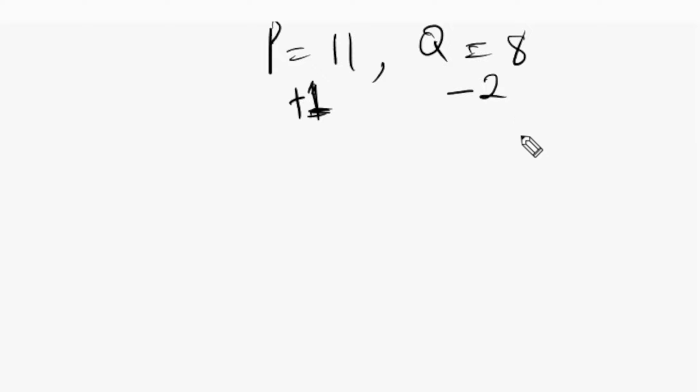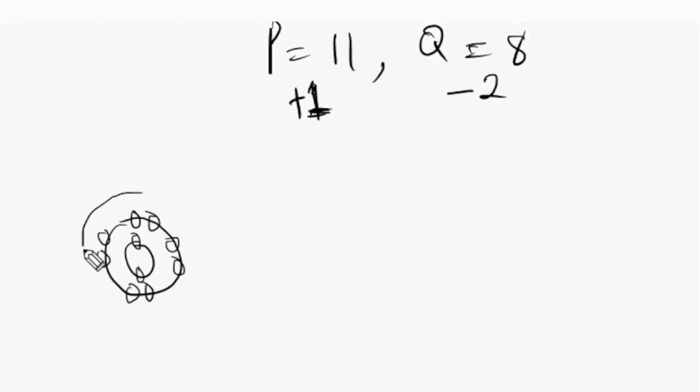So guys, if you're wondering how we got to know this valence here, an element that has 11 as the atomic number will be such that you'll have 1, 2, 3, 4, 5, 6, 7, 8, 9, 10, and 11.